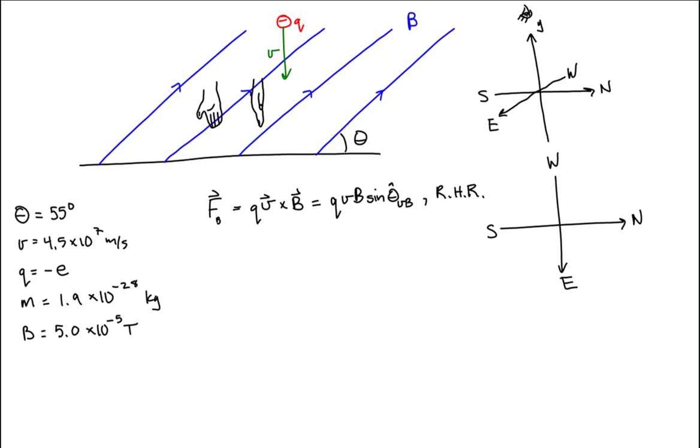This means that we face our palm towards the magnetic field, and then we try to curl our fingers. So when we curl our fingers, and then we stick our thumb out, the direction that our thumb points is the direction of the magnetic force due to the charged particle.